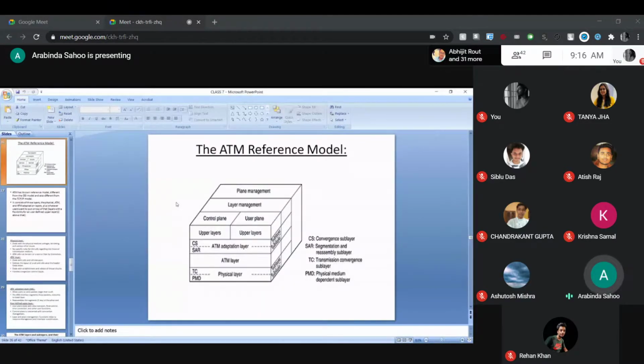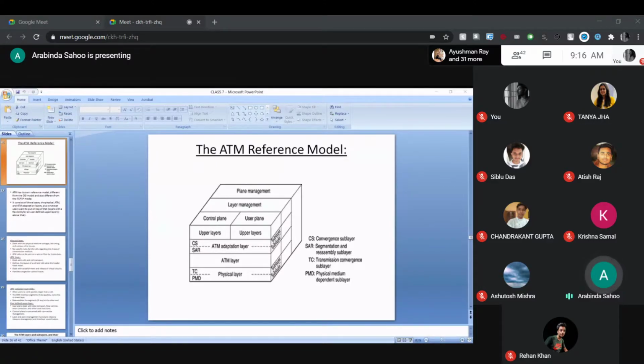So first, all of you draw this diagram, this ATM reference model. Then we'll discuss it. Basically, it has three primary layers: the physical layer, the ATM layer, and the ATM adaptation layer. And another layer, that is your user defined layer.